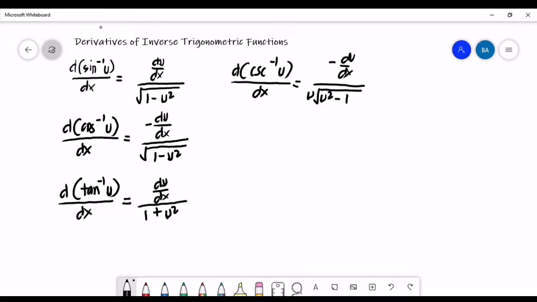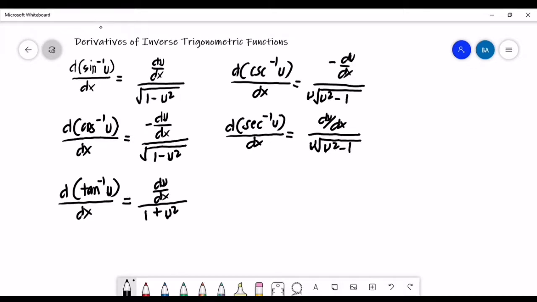Next one is the derivative of arc secant u with respect to x. This is equal to du/dx over u times the square root of u squared minus 1.